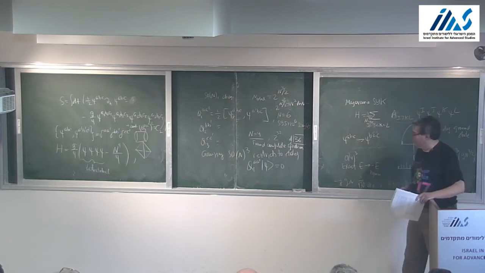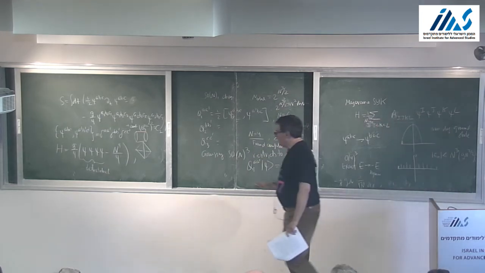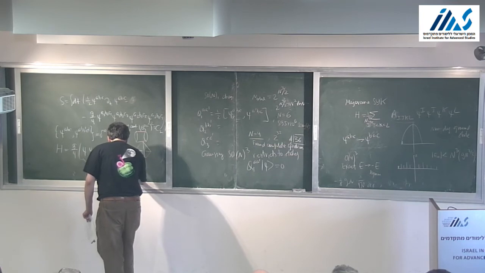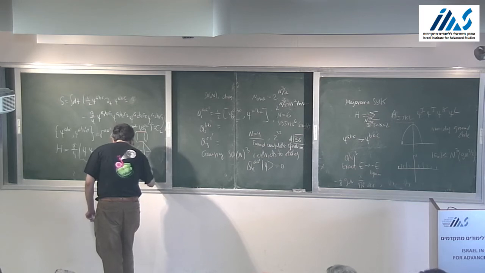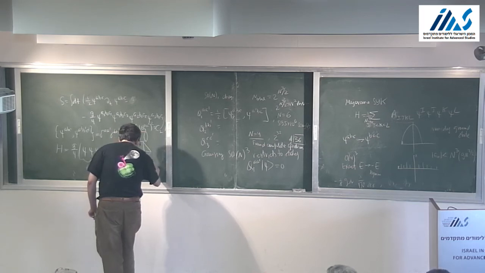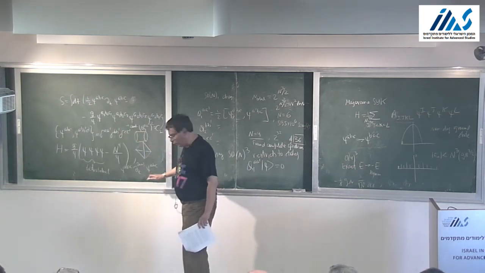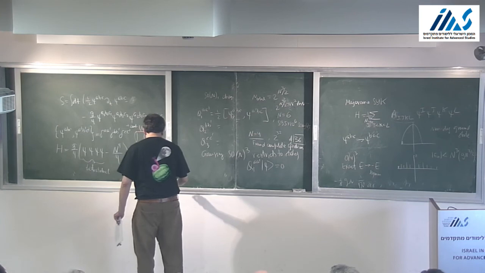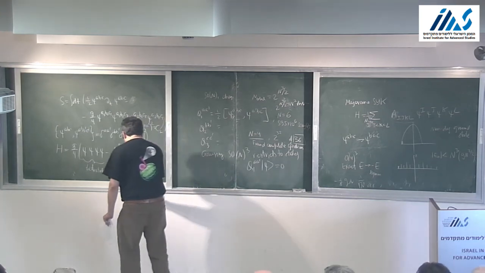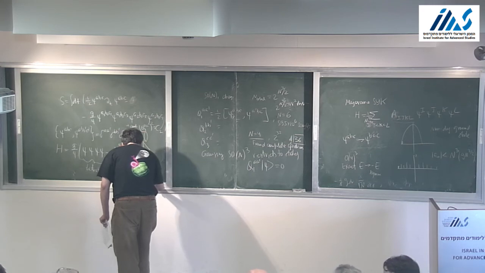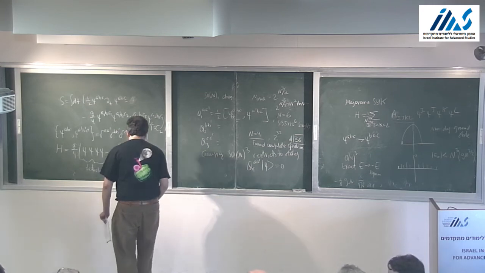If you compute in this model, in the large n limit, the spectrum of operators like psi ABC dt to the 2n plus 1 psi ABC, these are the bilinear operators, the spectrum is exactly the same as the analogous operators in Majorana SYK.